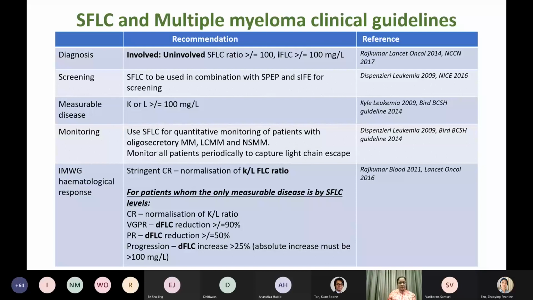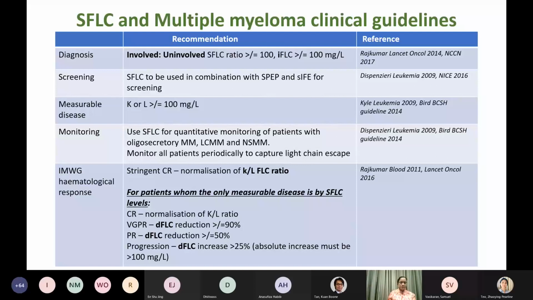For example, we are all aware of the kappa lambda ratio. Some of the cutoffs are based on kappa lambda ratios, and you can also see they're talking about involved to uninvolved serum free light chain ratio and difference in free light chains. I will go through those terms in a minute.